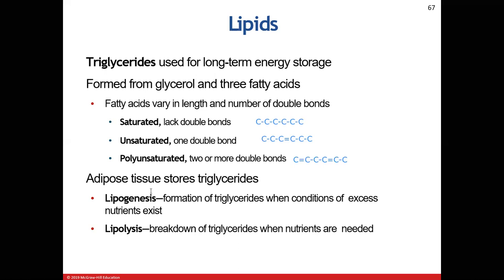If we need to break it down, then we go through lipolysis, where we break down triglycerides. We do this when nutrients are needed. Because of fat tissue's function for long-term energy storage, we can break down the fatty acids to gain additional nutrients.